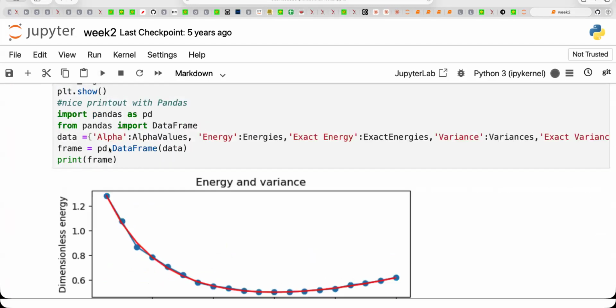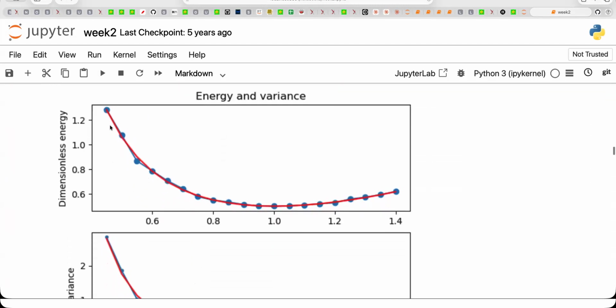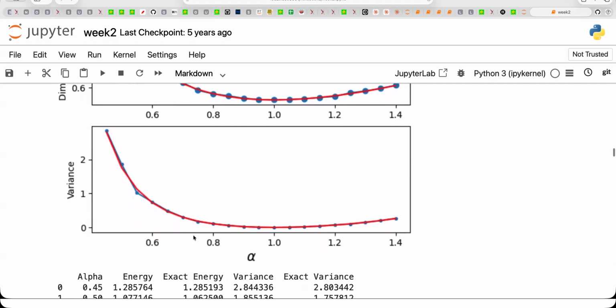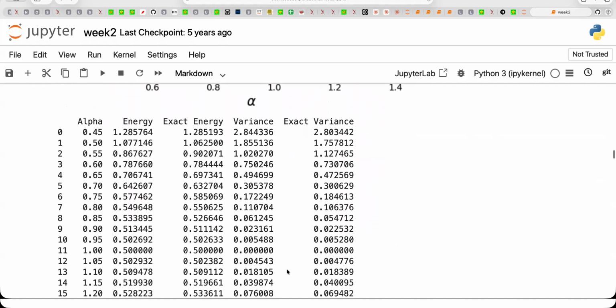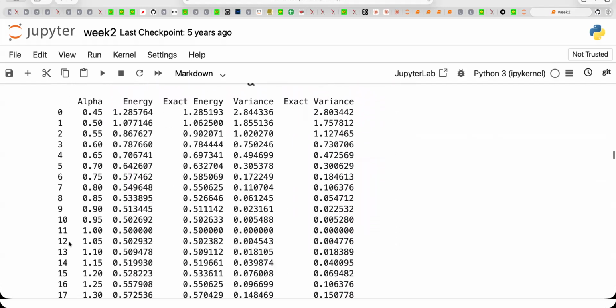And as we saw last time, we got something which looks like this. So the minimum is at 1.0. The minimum should be 0.5 in these dimensionless units. And you see that the variance at the minimum is exactly equal to 0. And if you look at the results here, for alpha equal to 1.0, you have an exact energy, 0.5, to the number of digits we have here.